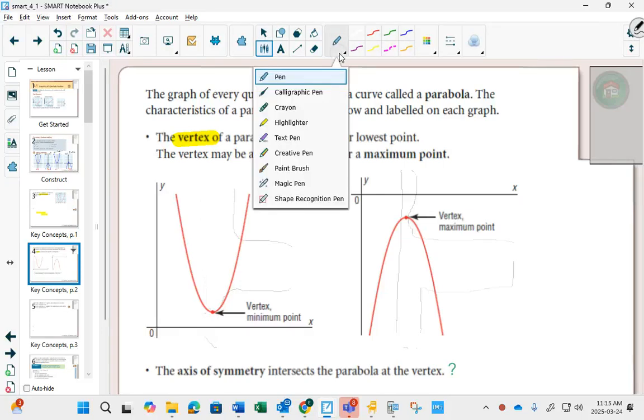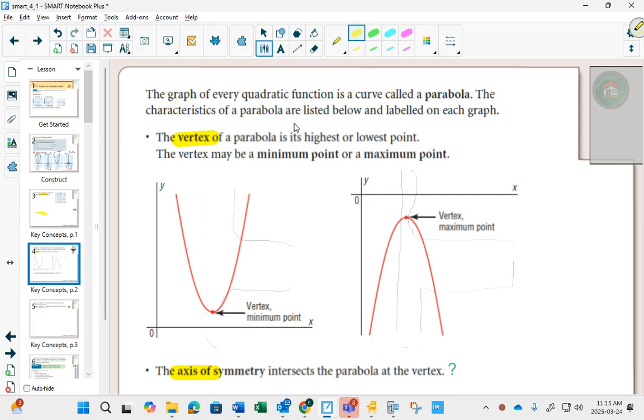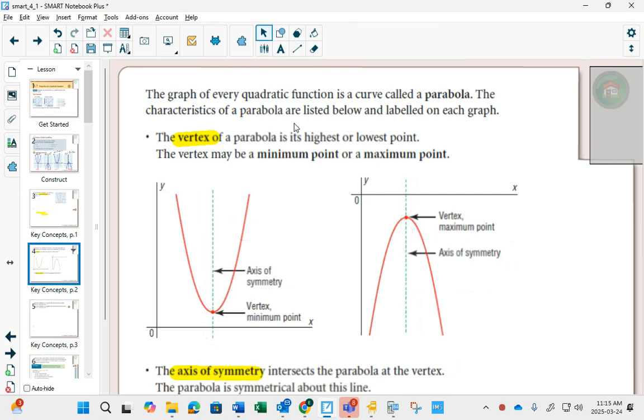Another important thing is that parabolas are always symmetrical. So we have an axis of symmetry that cuts it right in half. And we use a dotted line because it's not actually part of the graph. It just helps us visualize the graph. So we draw a dotted line through the vertex that makes our axis of symmetry.